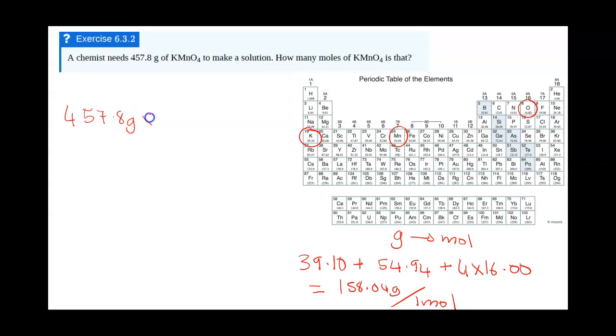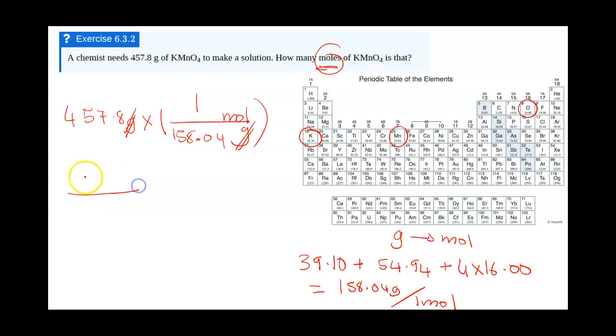457.8 grams. I'm going to have to multiply by the conversion factor that has grams on the bottom line and moles on the top line, which is what we're trying to turn it into. I know that in every 1 mole, there is 158.04 grams of KMnO4. So my grams will cancel out, leaving only moles.